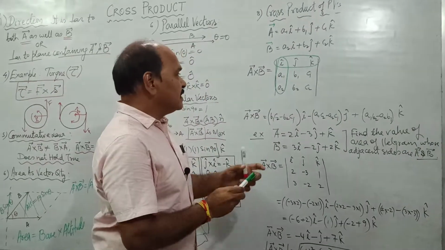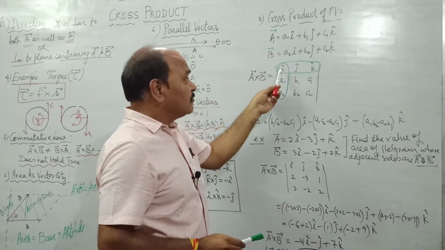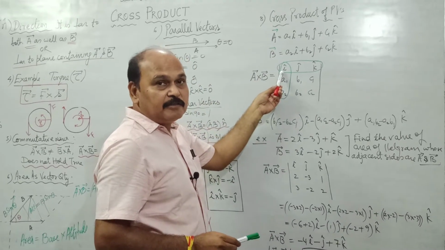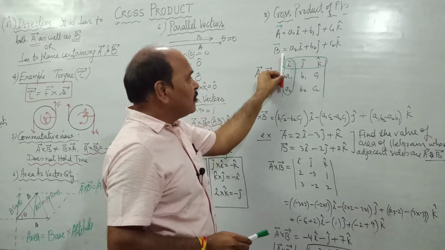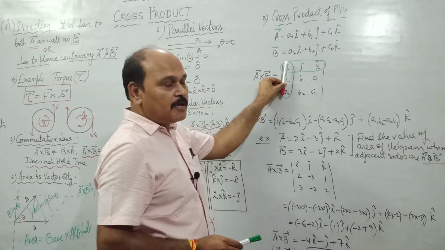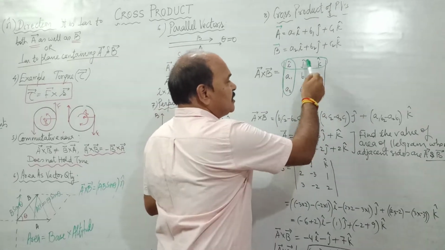If we just hide the row and the column I belongs to, for writing down the coefficient of I, what are we doing? We are hiding the row and the column I belongs to. And once we hide this row and column, what are we left with? We are left with these 4 elements.